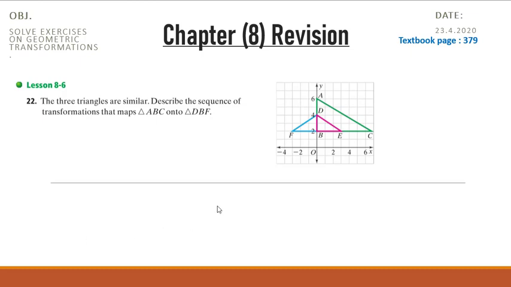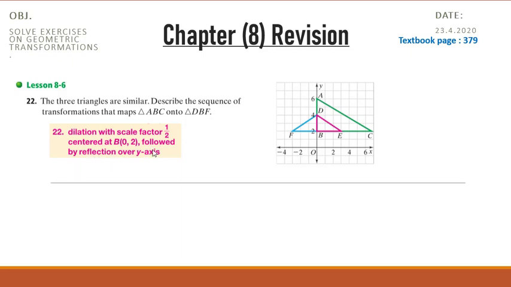After that, reflection across the y-axis. Great, thank you, that's right. So the first step is dilation with scale factor half and center B, which is (0, 2), followed by the second step, reflection over the y-axis.